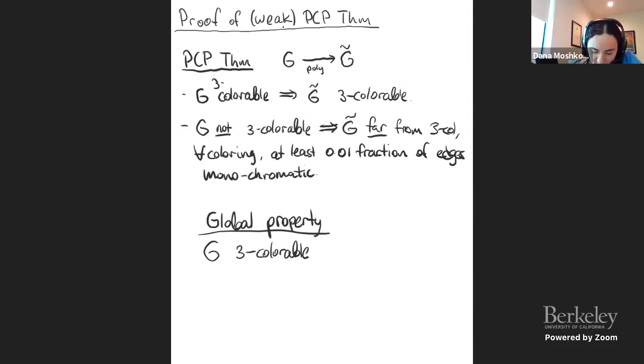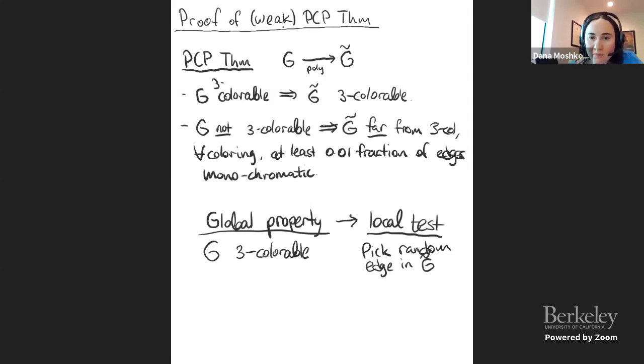And then you somehow are able to test it with a local test. The local test here is to pick a random edge in G tilde and check.